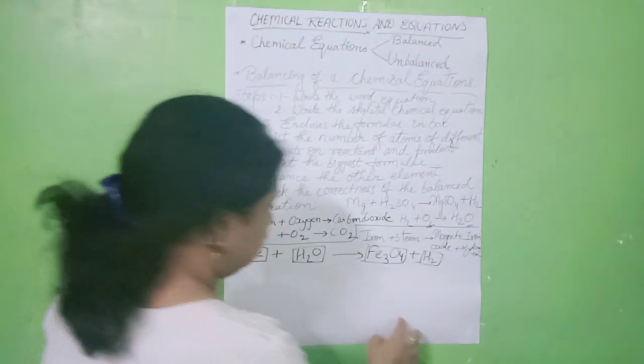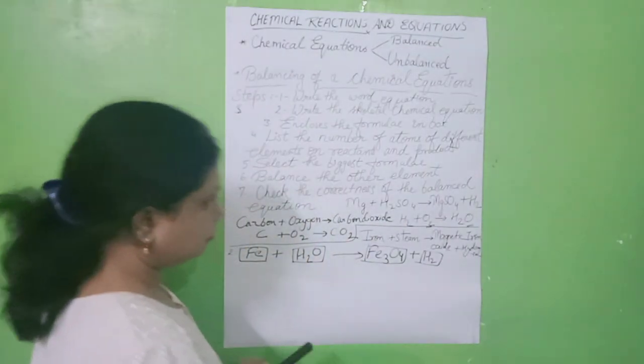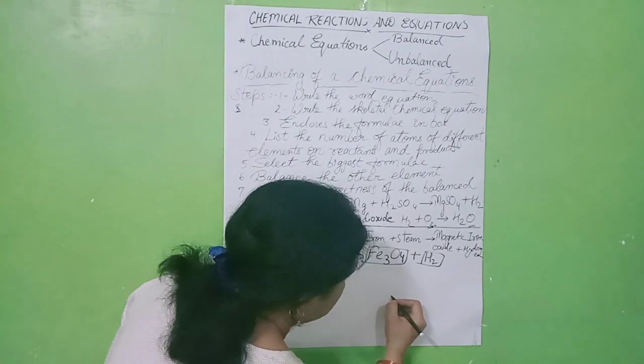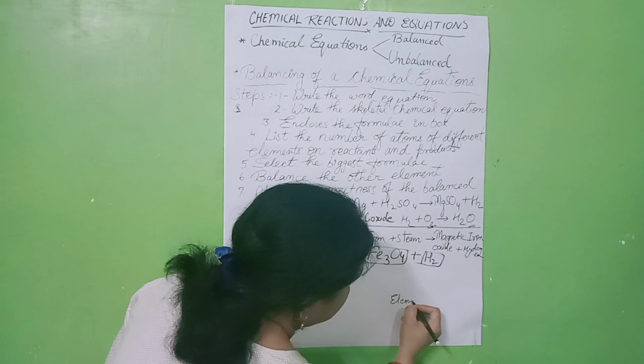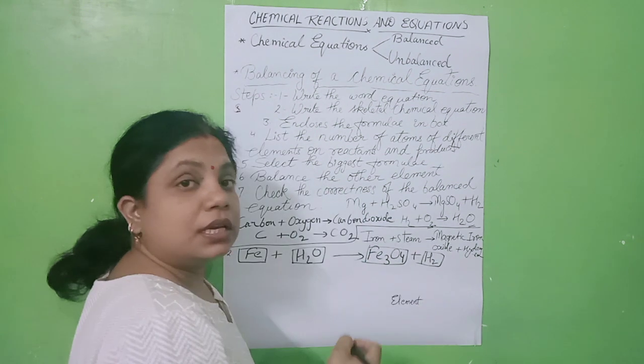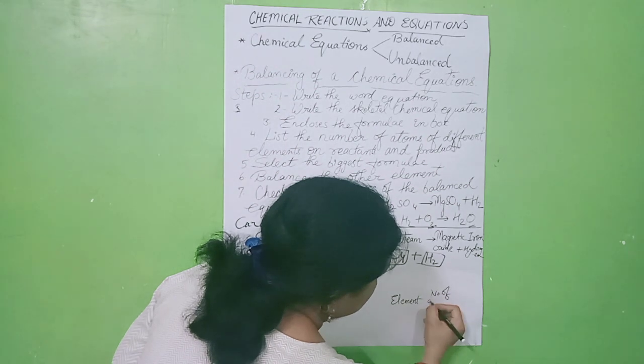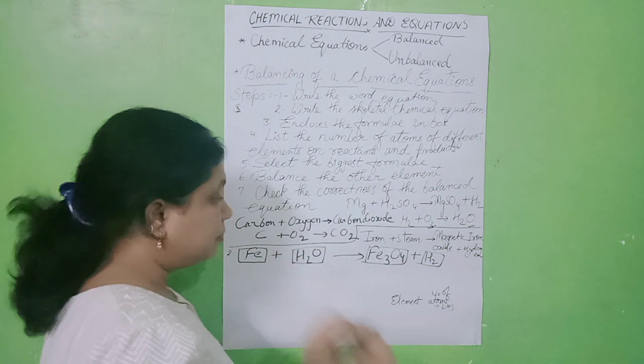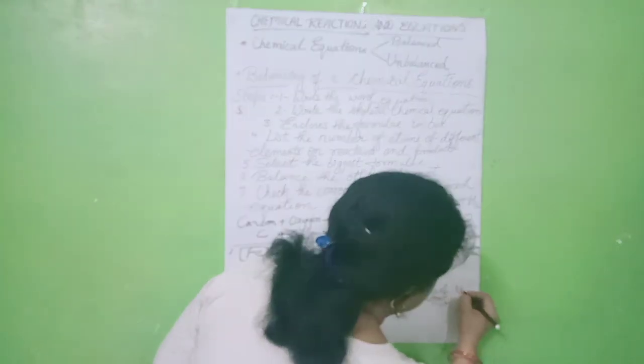So students, I am writing here: you will write element, number of atoms on the left hand side, and number of atoms on the right hand side.